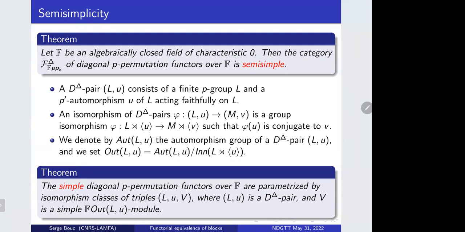And this gives a notation, of course. The simple functor parameterized by the triple (L, u, V) is denoted by S sub (L, u, V).